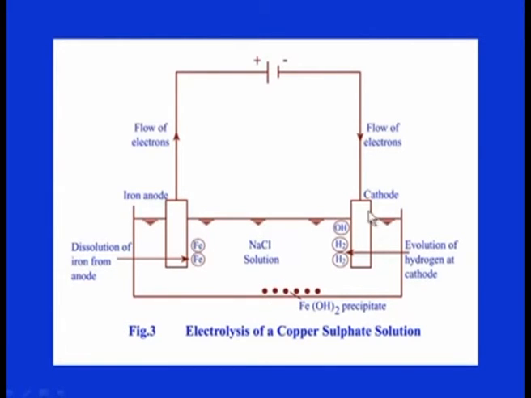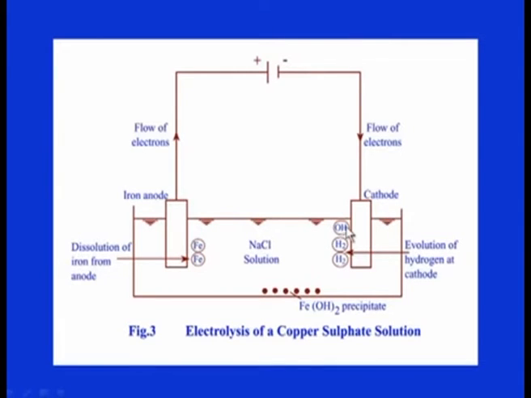And on the cathode, the water gets dissociated into OH ions and hydrogen ions. Hydrogen gas bubbles are evolved and they go away, and then the current flows in the form of ions, positive ions from this and the negative ions from this cathode.